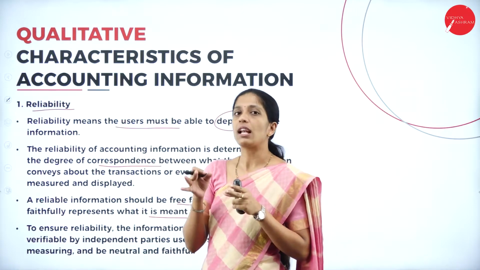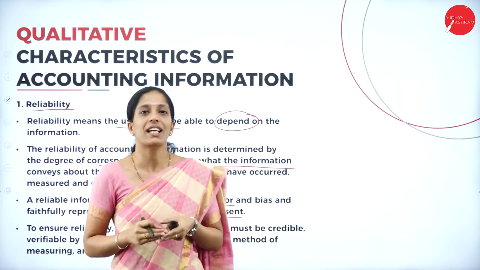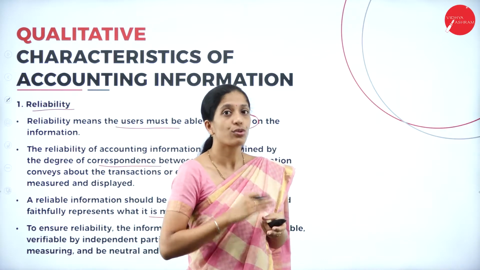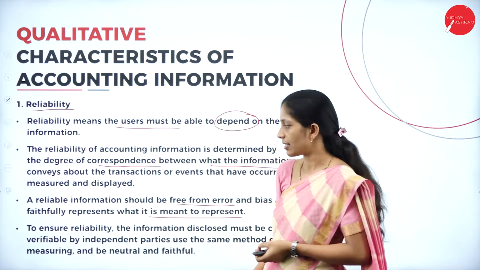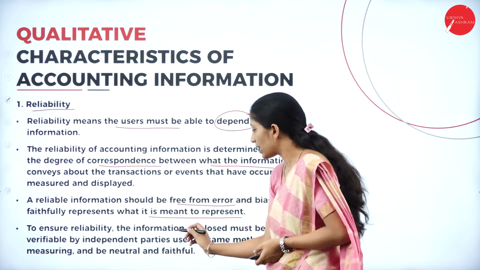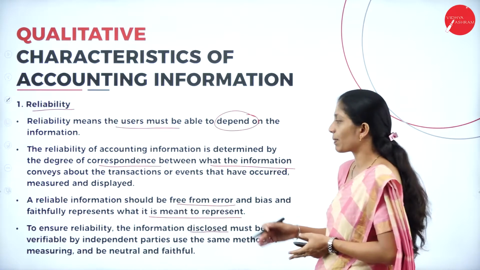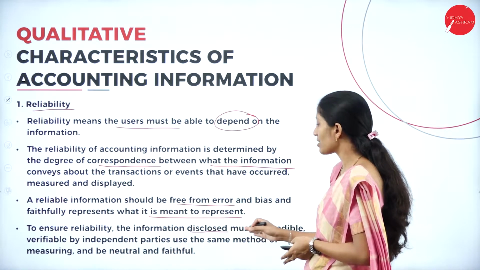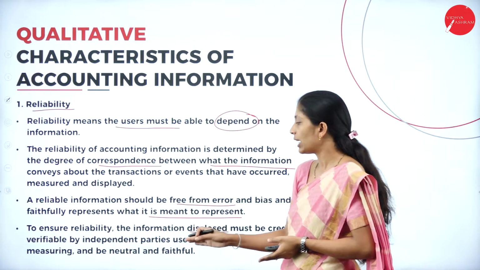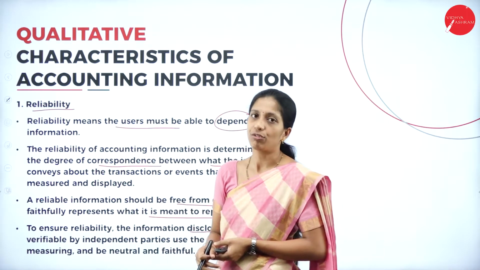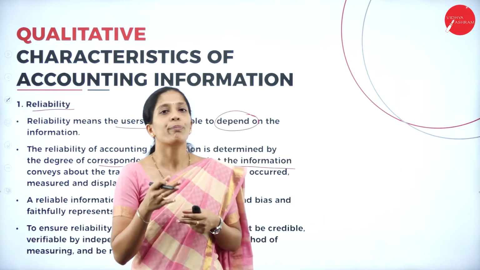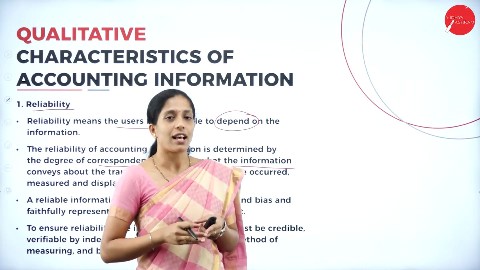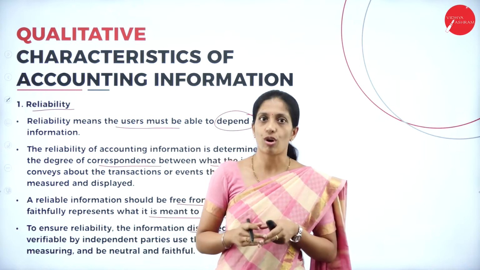Actual accounting information has to be conveyed to the users so that based on that, the users will take appropriate decisions. To ensure reliability, the information disclosed must be credible, verifiable by independent parties, use the same method of measuring, and be neutral as well as faithful. Now, in order to make the accounting information more dependable, what has to be done? Of course, accuracy should always be there.